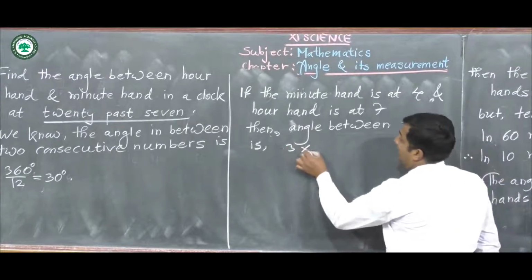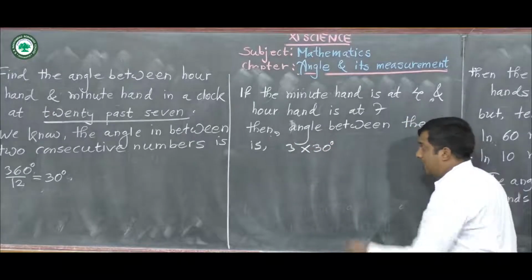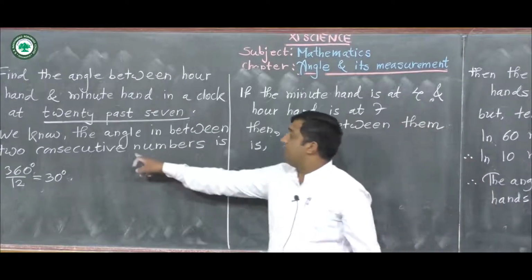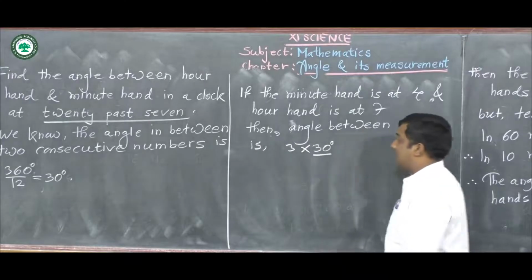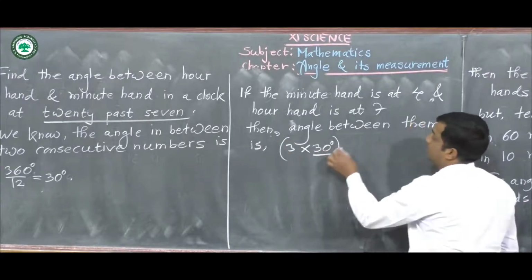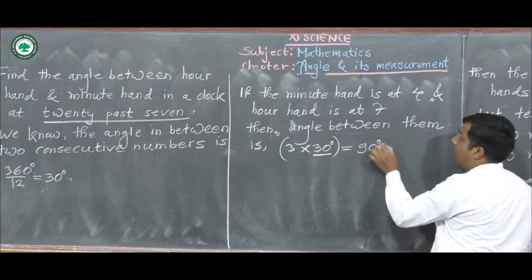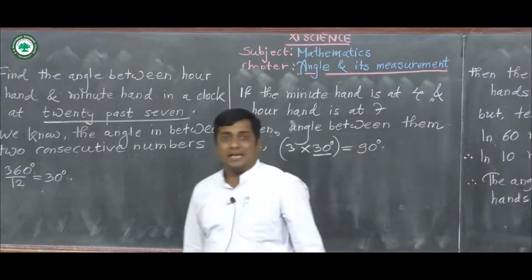So 3 into 30 degrees, since the angle between two consecutive numbers is 30 degrees, which is 90 degrees.